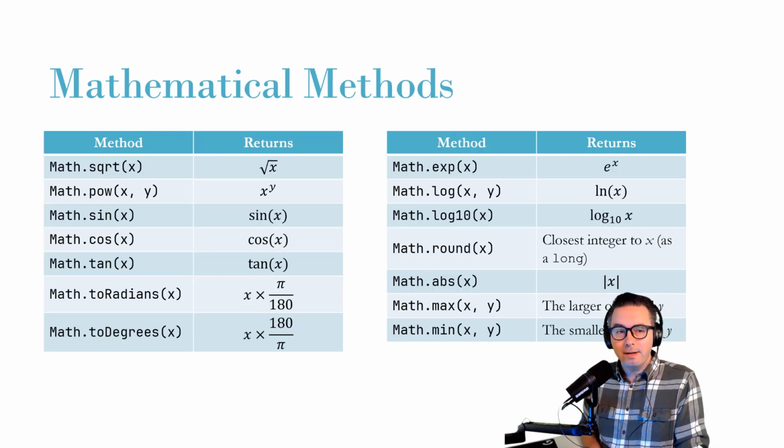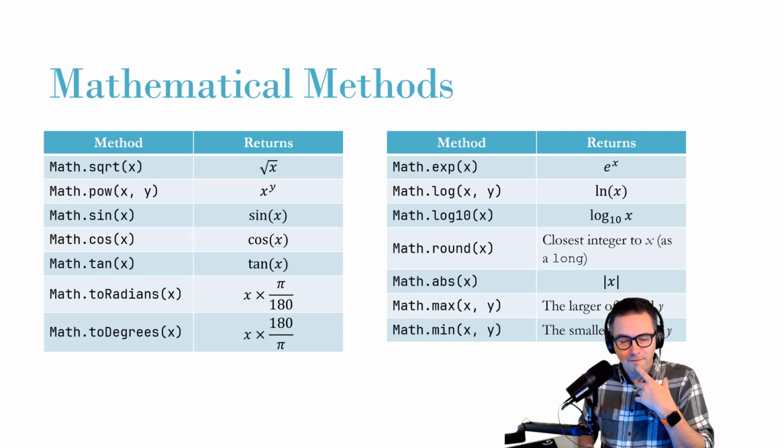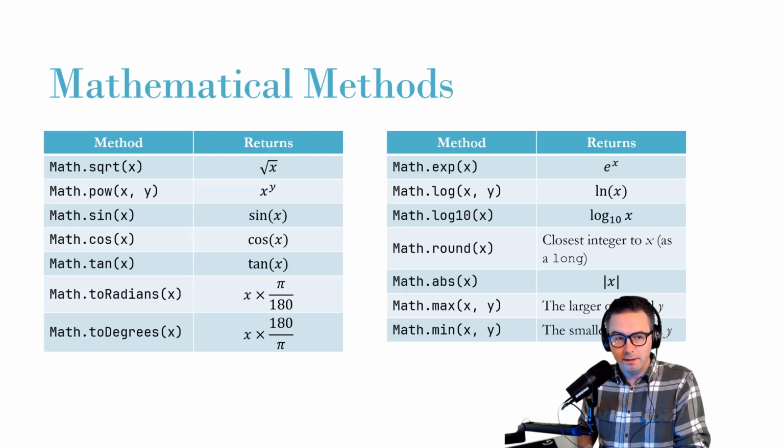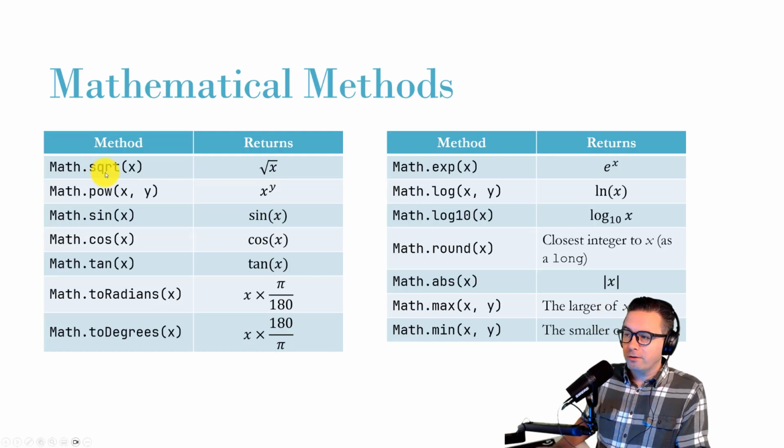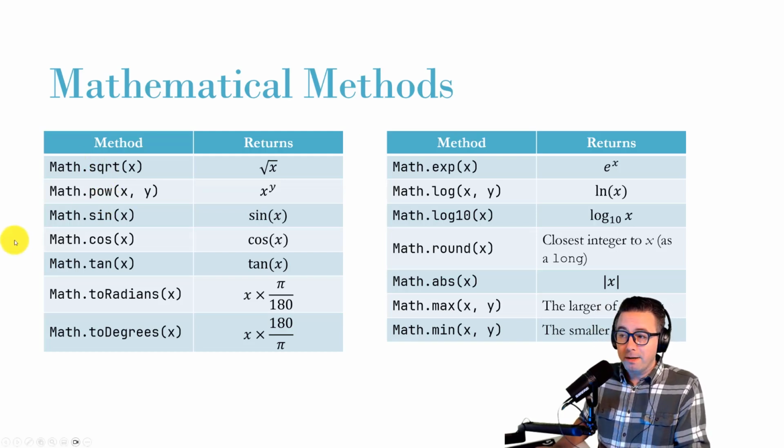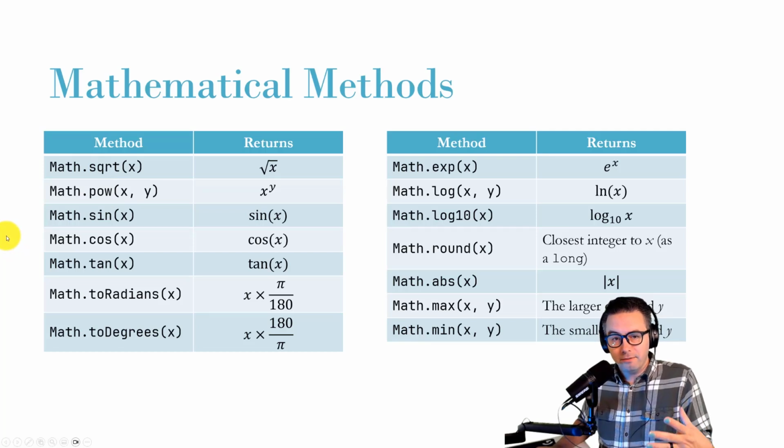Now, there is other arithmetic. Here's some common things. Notice that they all start with Math dot something. There's a few of them that we're not going to really use, that I don't remember using that much when teaching this. We do have the square root and the pow, because you can't just use the caret sign. It doesn't work that way.